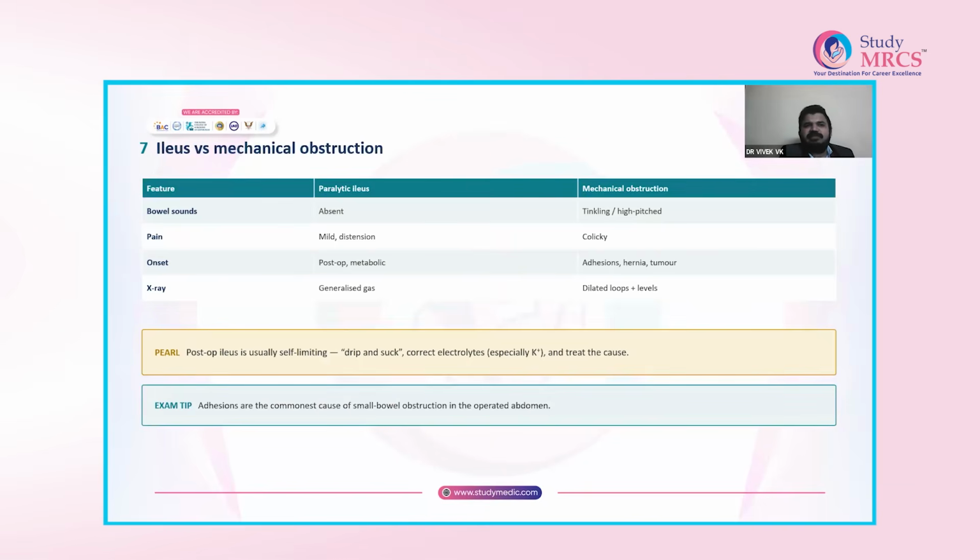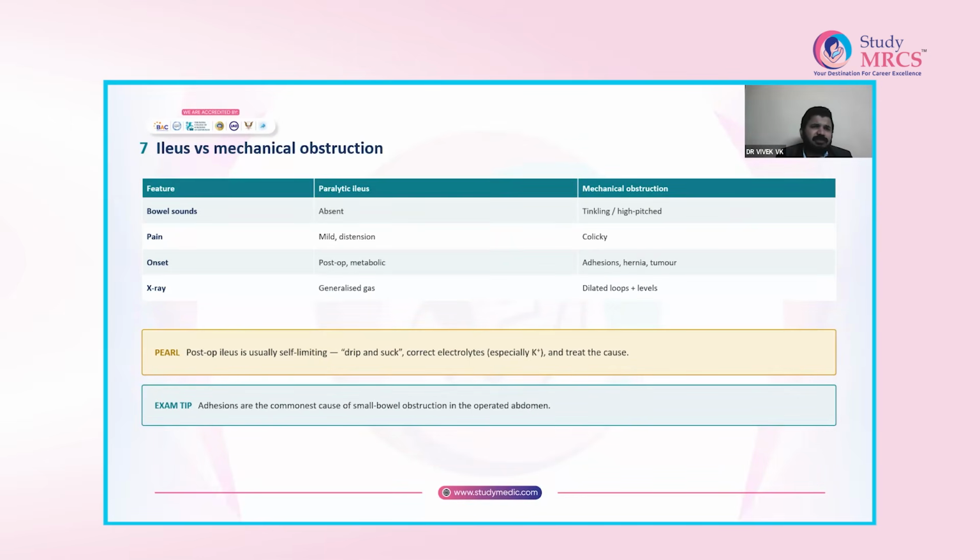So something about ileus versus mechanical obstruction. Suppose a patient has undergone some sort of laparotomy. Post-operatively, the patient might develop abdominal distension. It could be either a mechanical obstruction or post-operative paralytic ileus. So how will you distinguish?